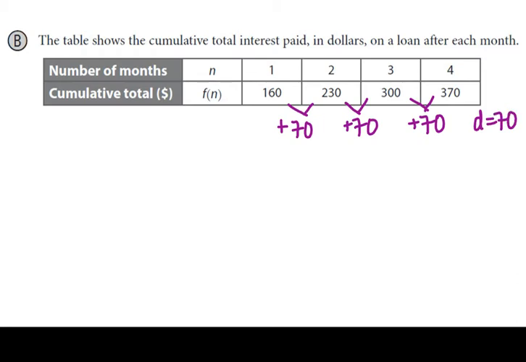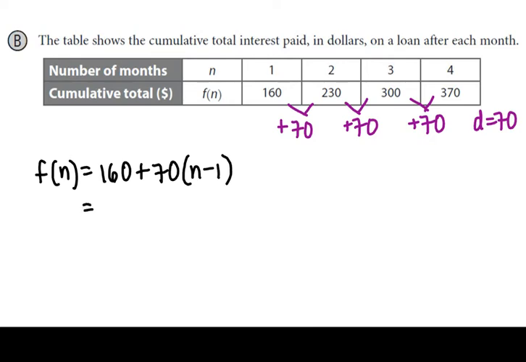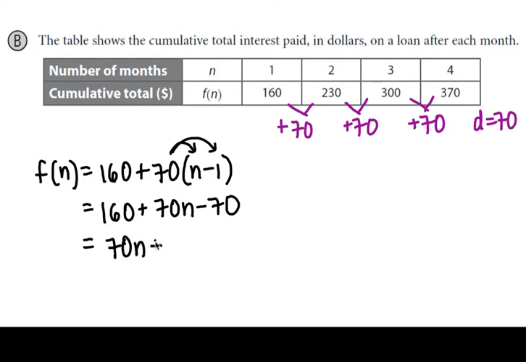The value of our first term is 160, and we're going to add 70 times the quantity n minus 1. We'll distribute that 70. We'll combine like terms, and we get 70n plus 90. And that's equal to f of n.